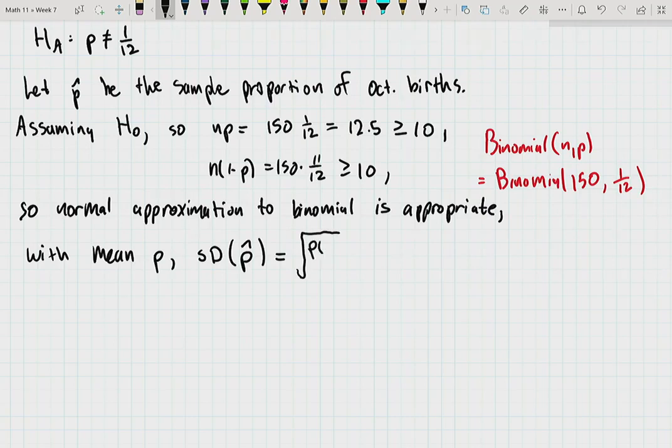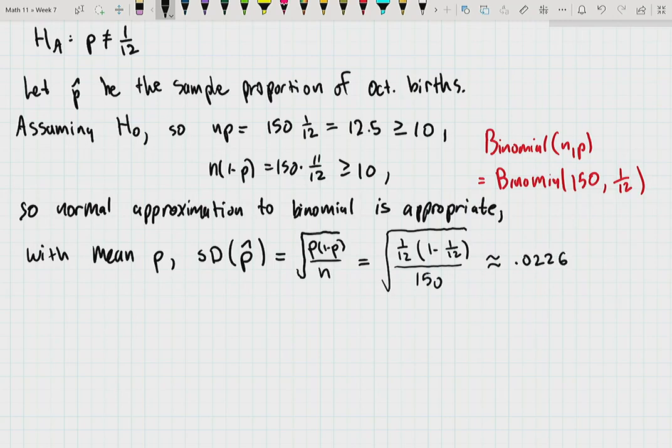It was the square root of p times 1 minus p over n, which is, in this case, assuming the null hypothesis, 1/12 times 1 minus 1/12 over 150, which comes out to about 0.0226.